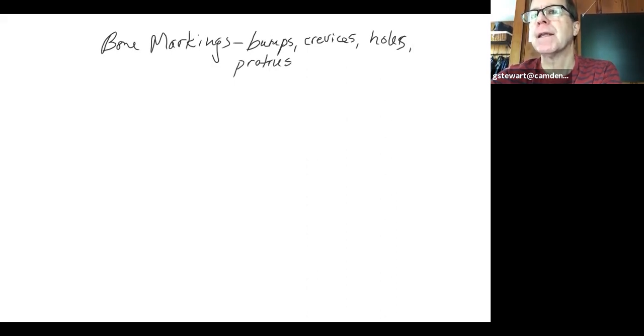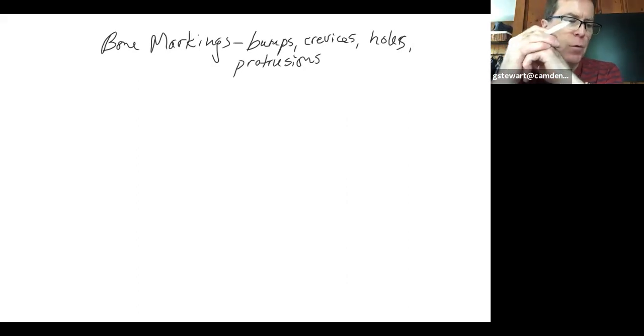They are basically things on the surface of bones that we give names to. And I'm just going to give you some examples. Like the word tuberosity means a rounded projection that sticks out from a bone. Something like a crest would be a narrow ridge of a bone.